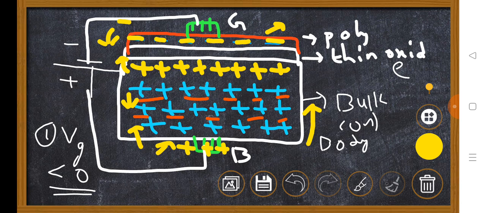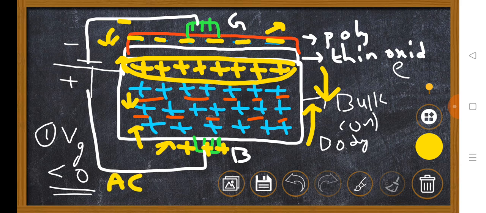And similarly the electrons move in this direction. That means the holes are going to accumulate here. Therefore when Vg is less than 0, I will call this mode accumulation mode. Is it clear, all of you?